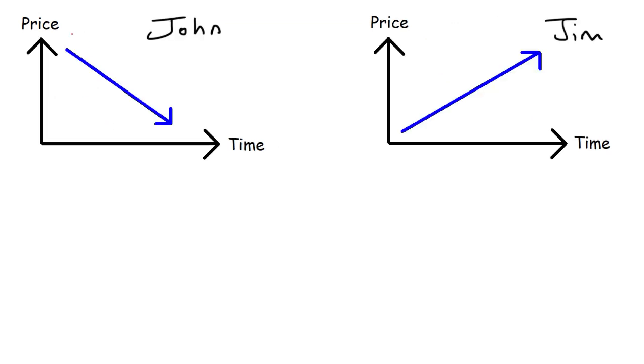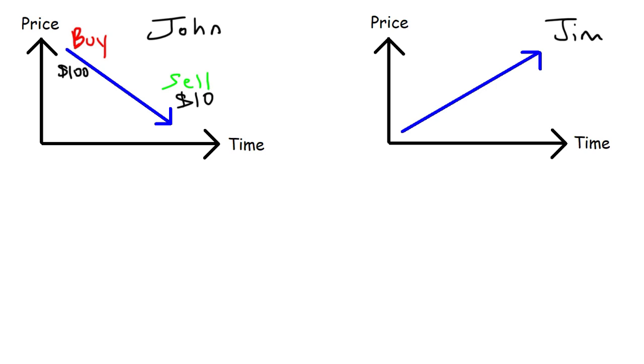Now, let's say that John buys a stock at a price of $100, and he's completely wrong about the direction of the stock. The stock tanks, and the value goes to, let's say, $10. And he doesn't want to lose any more money, so he sells the stock at this price.